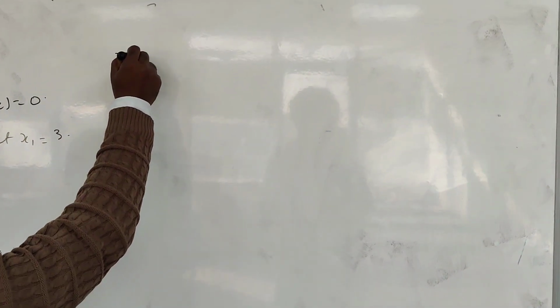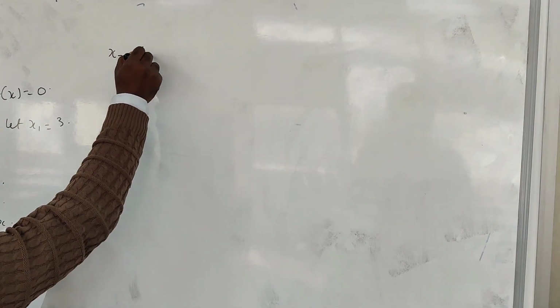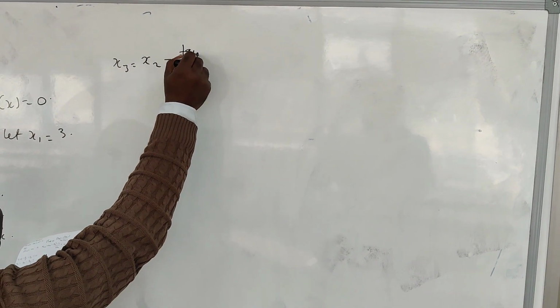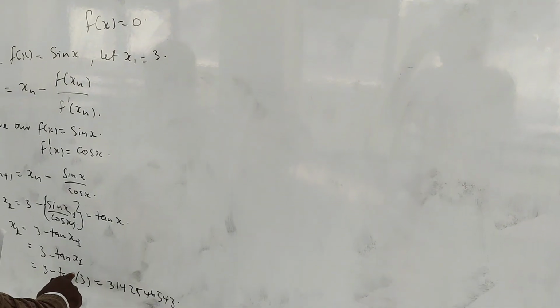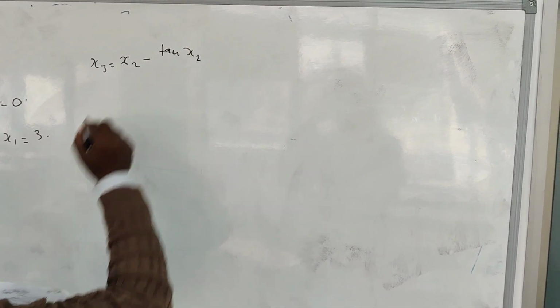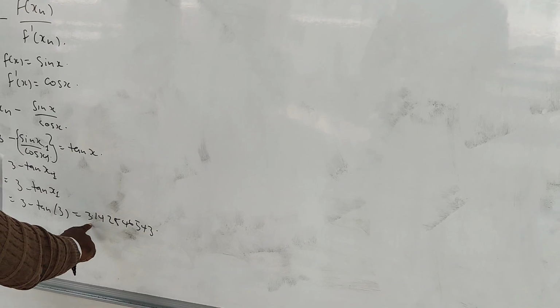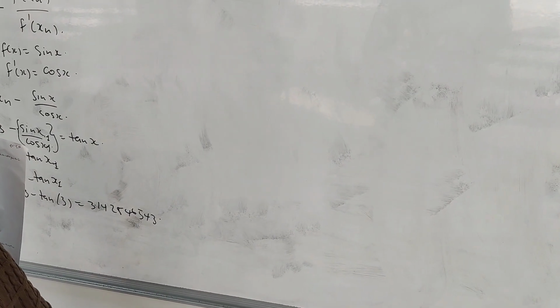Our x3 is given when n is taken as 2. So the equation reduces to x2 minus tan x2. Here we already found our x2 to be 3.142546543.